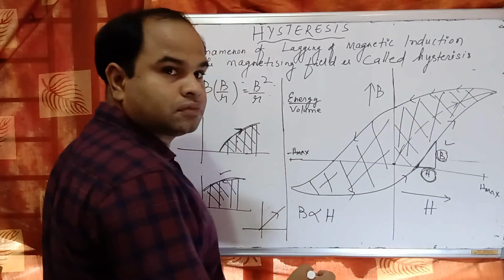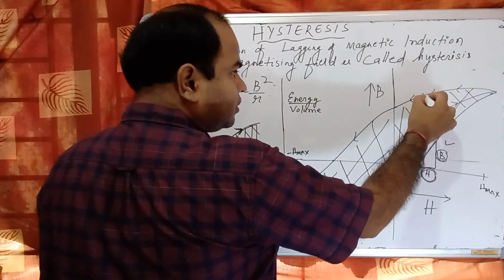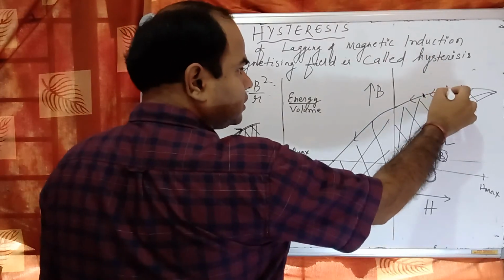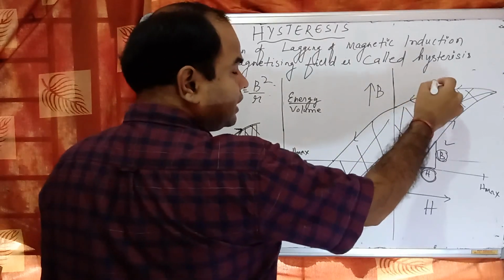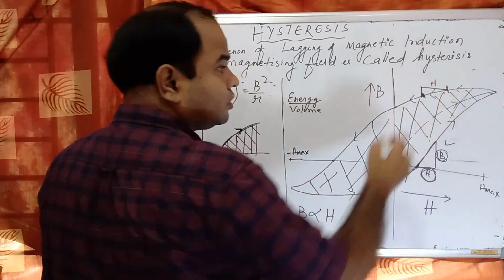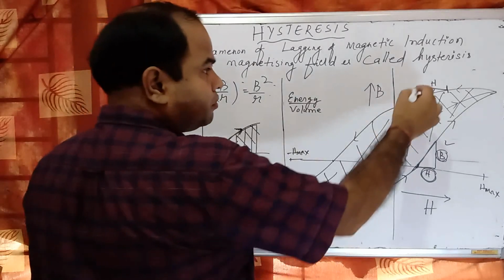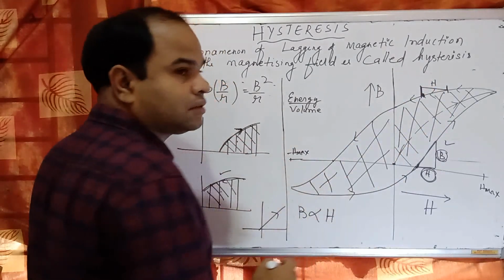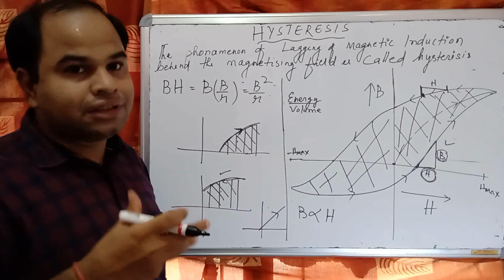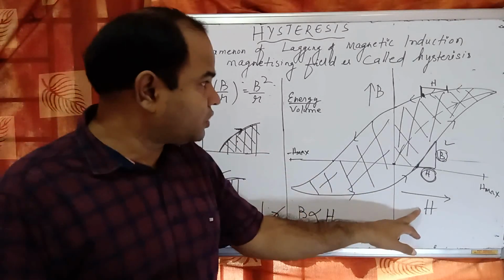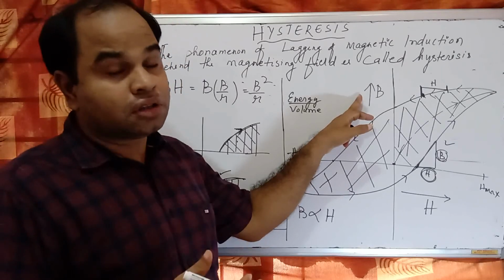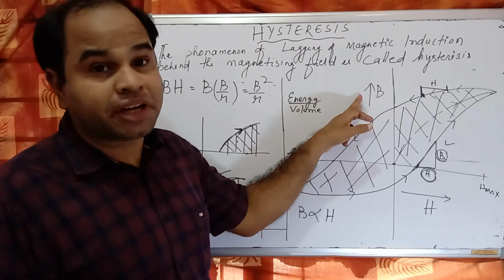Similarly, यदि A point देखिए, let us say this one, here H is more, B is less. ठीक है, तो there is a lagging between H and B during this magnetization and demagnetization process.